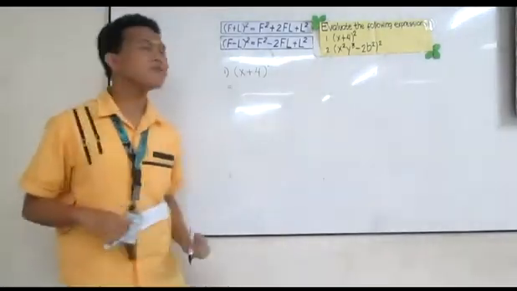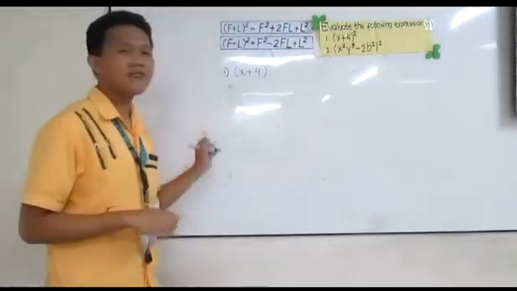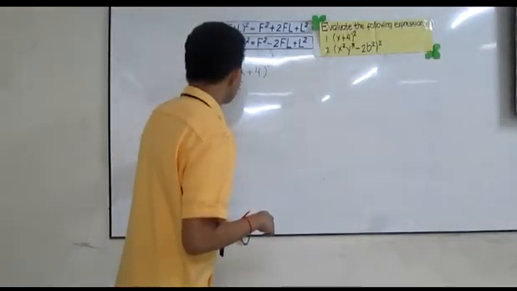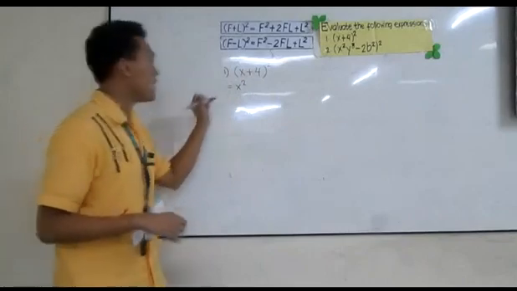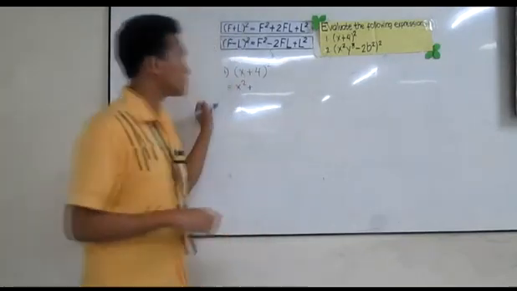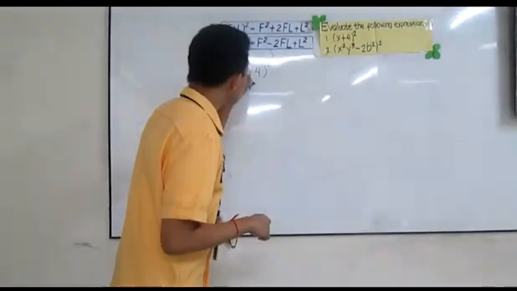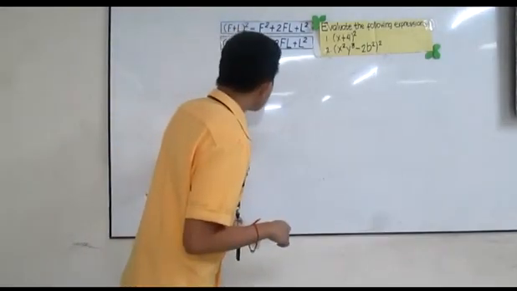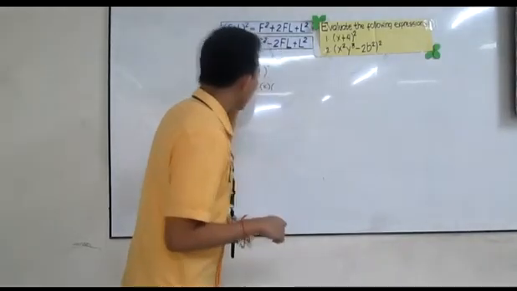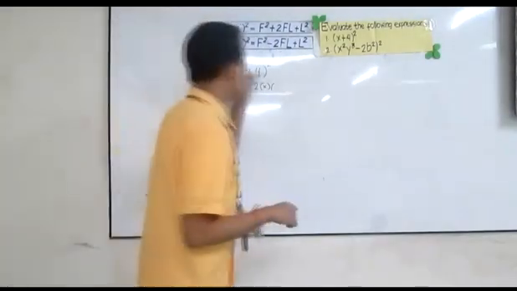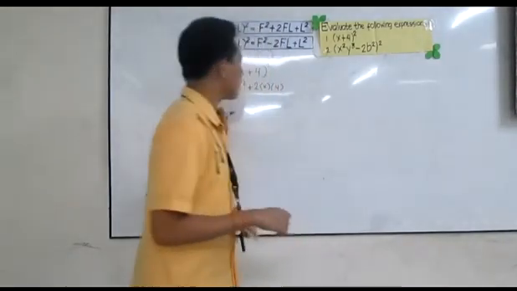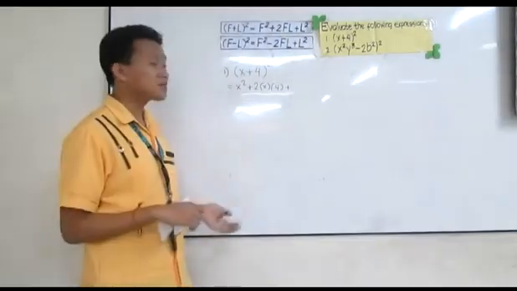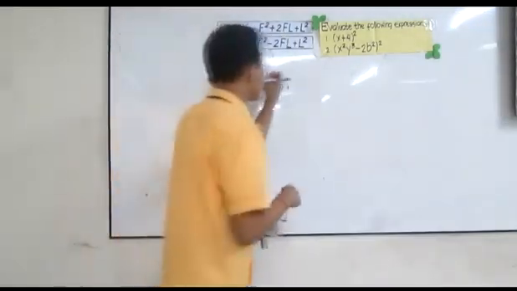Just square the first term. Our first term in the given is x, so the square of the first term is x squared. Plus twice the product of the first term, which is x, and the last term, which is 4. Plus the square of the last term, which is 4.